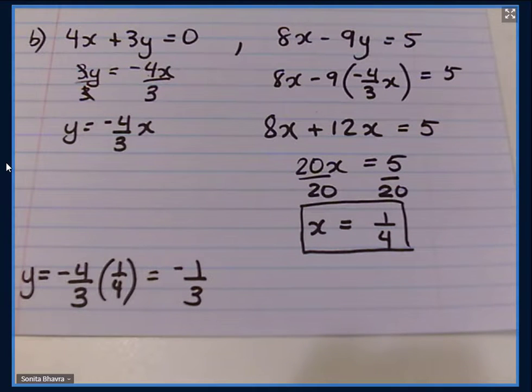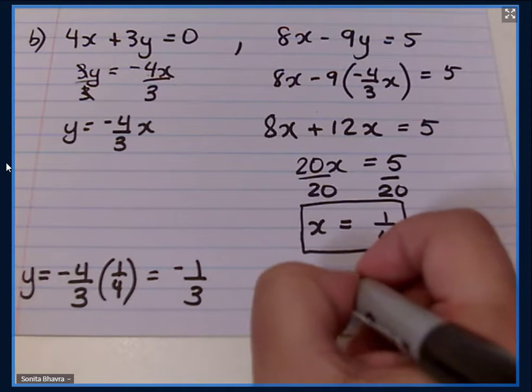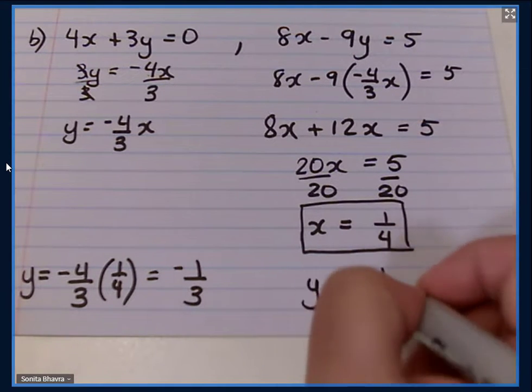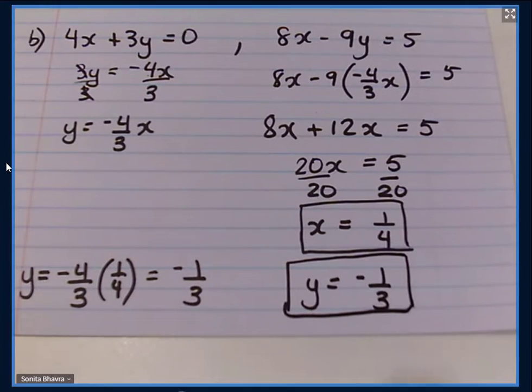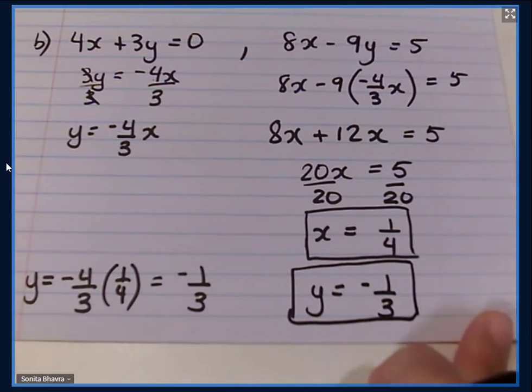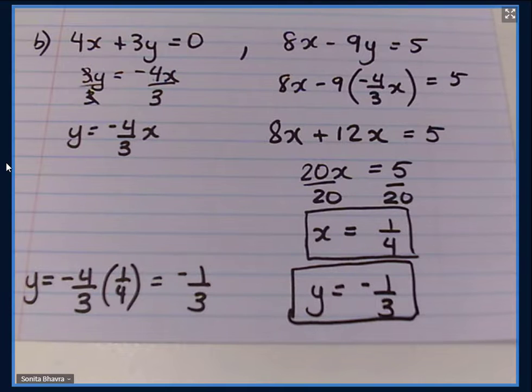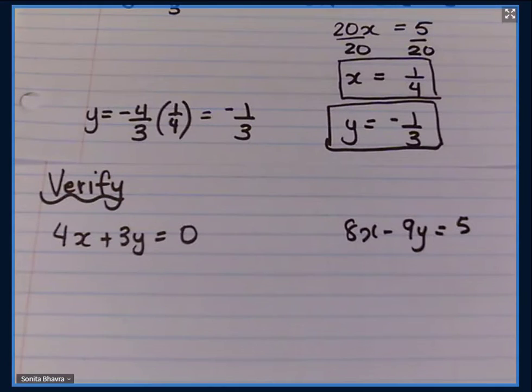All right, so our x is 1 over 4, and our y is equal to negative 1 over 3. The last step we have to do is just verify that for both equations. So we're going to show the verification for both equations here.